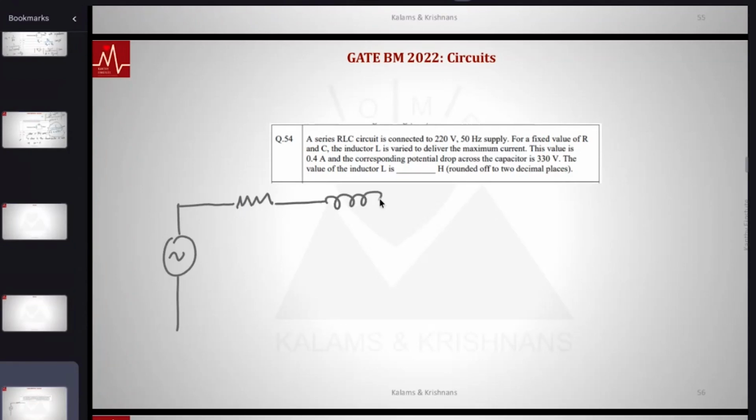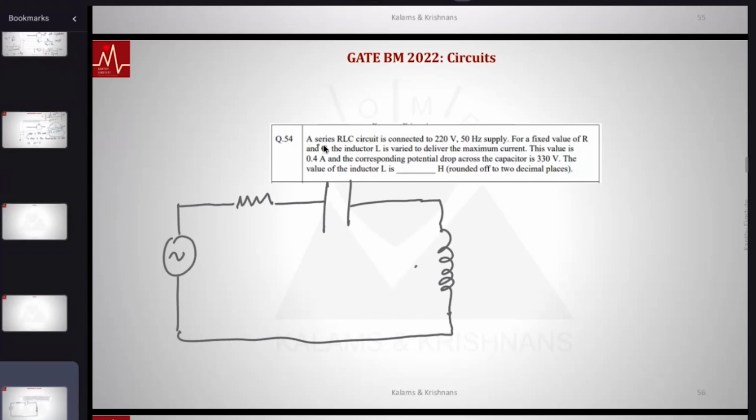You have an inductor, capacitor, I am varying this. You could draw this in whichever order you want, it doesn't matter. Series RLC, right? So I draw a series circuit. You have R, and you have ZC as 1 by j omega C, and then there is a variable inductor. This is variable.